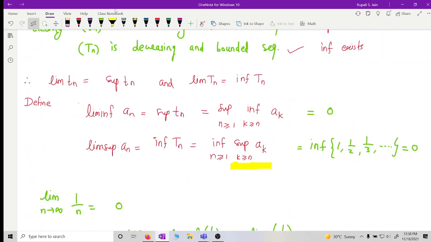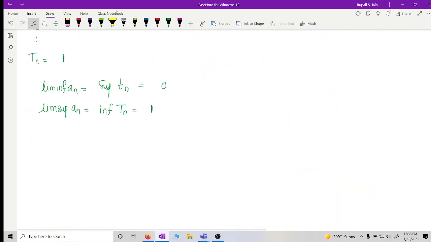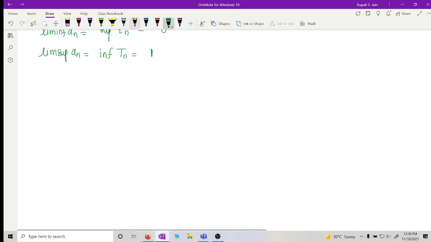So we will take a theorem now. We will state a theorem now.